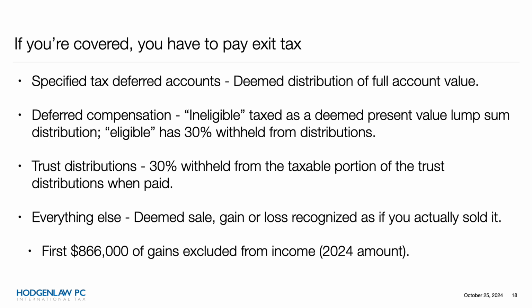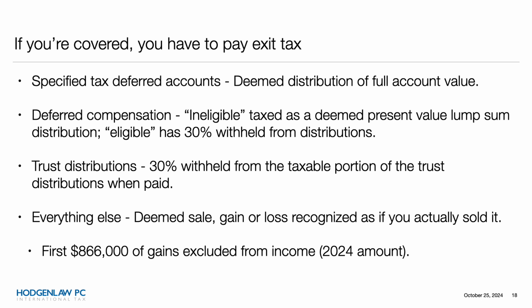If you are paying exit tax, then there's a few different types of exit tax that you need to be aware of. For specified tax-deferred accounts, this is things like IRAs, you have a deemed distribution of the full account value. For deferred compensation, there's 2 types. Either you have ineligible, and that's taxed as a deemed present value lump sum distribution, or you have eligible deferred compensation, and that has 30% withheld from distributions as you take them.